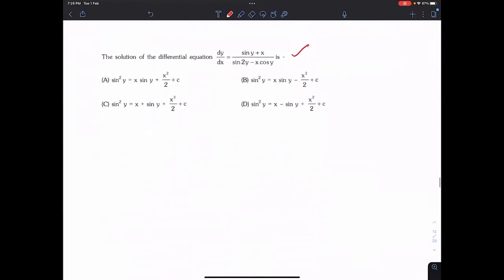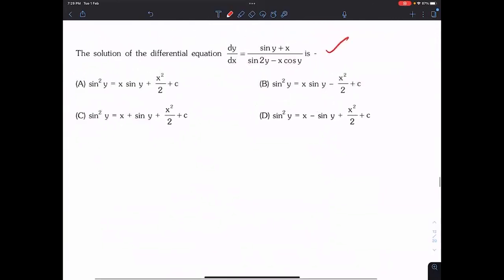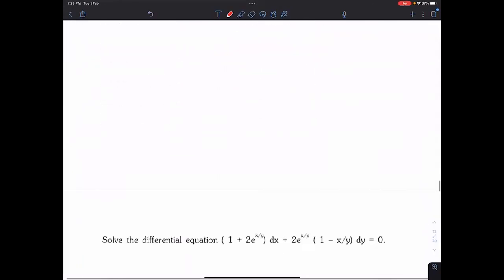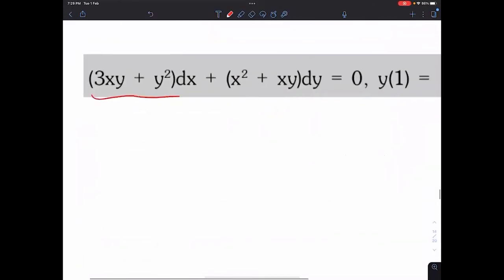Now here, just observe this differential equation. You will see that in homogeneous differential equations, normally the differential equation will look something like this. Yes or not?